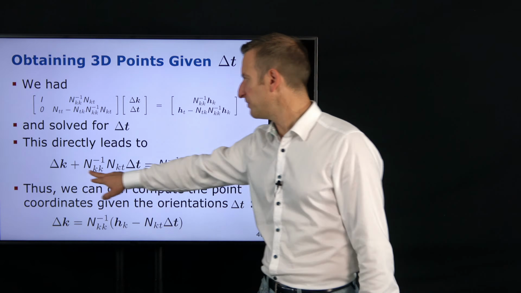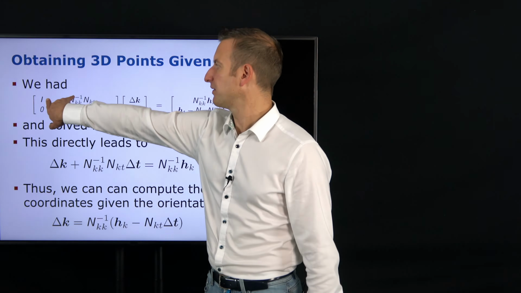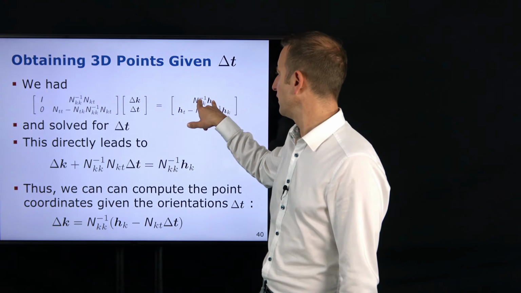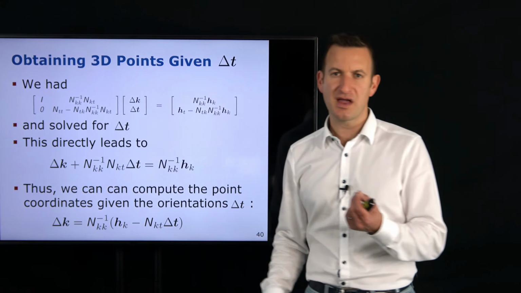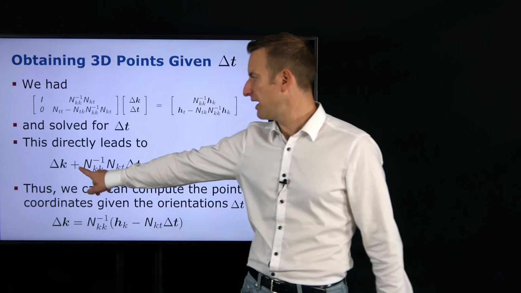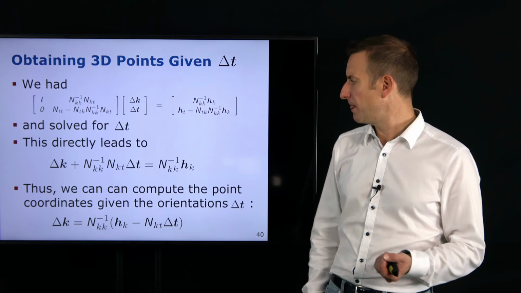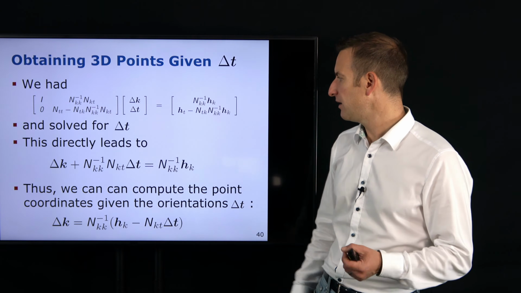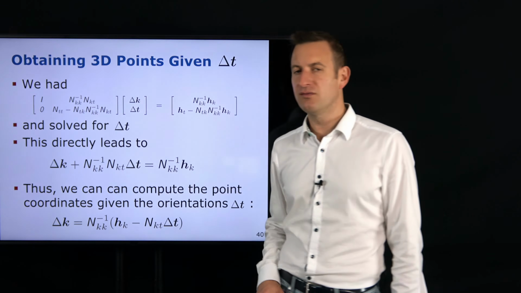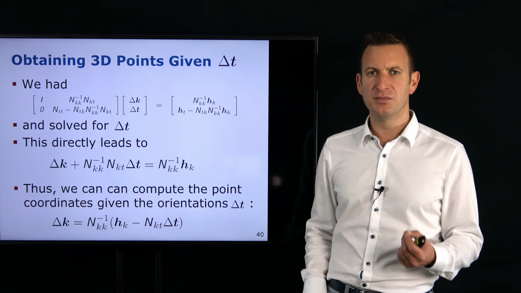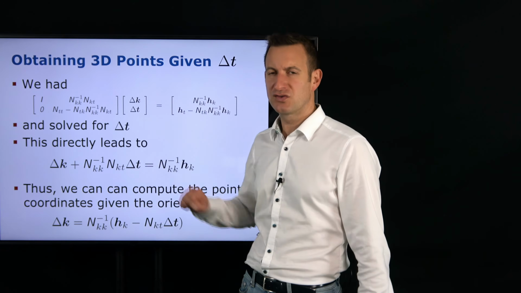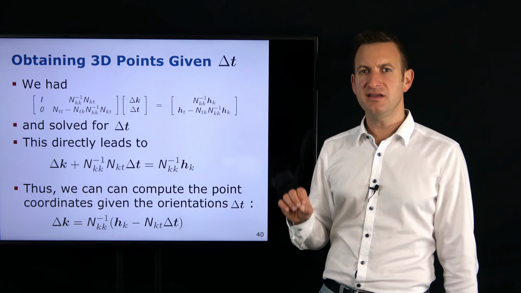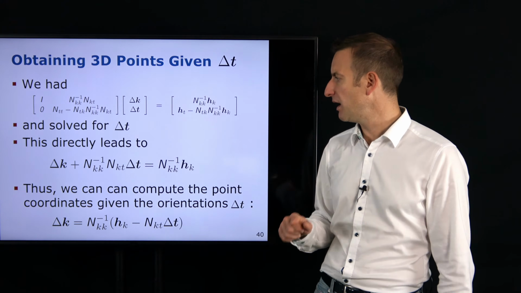So this basically gives me this equation down here. So multiplying this one with this element equals this element. So this is what I can extract out of this. And this is now an equation which contains the parameters k, and it involves the delta t that I computed in the previous step. So I can only do this because I was able before to solve delta t separately without knowing k.